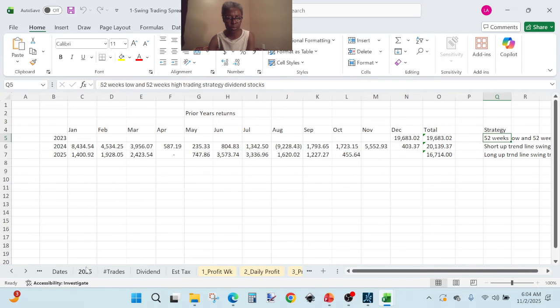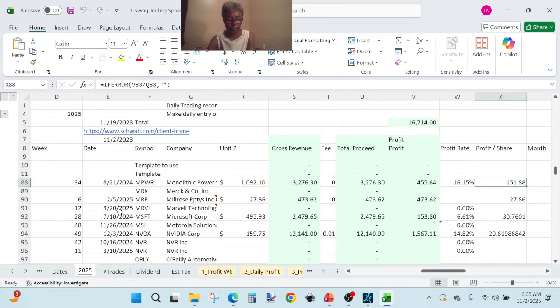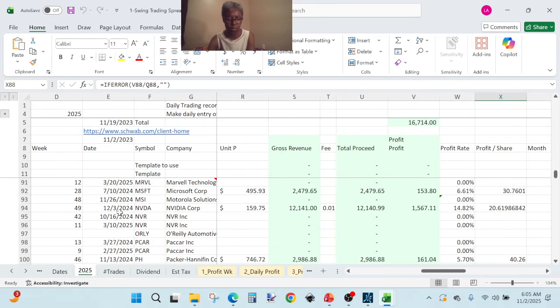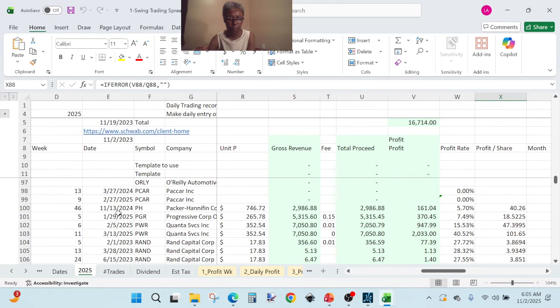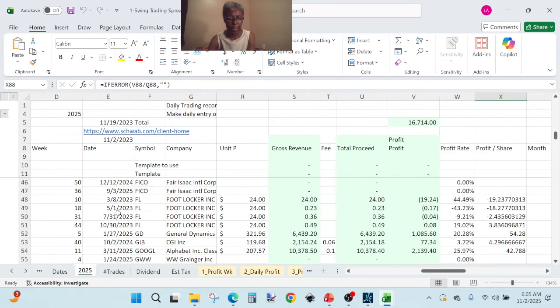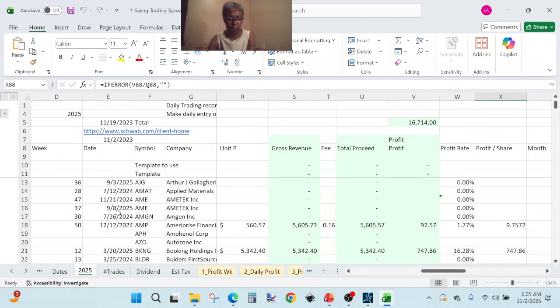So we are going to go to 2025, and we are going to look at AME. So AME, we purchased it twice.